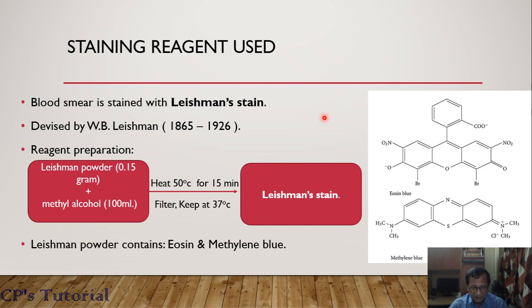Number one, attention: the methyl alcohol should not contain any acetone, because acetone will destroy the cell structure, the cell wall, and the total cell will be distorted, and staining will be barred by this particular chemical, that is acetone.